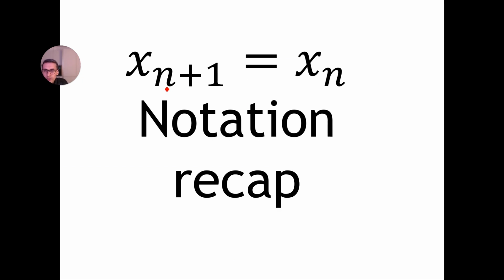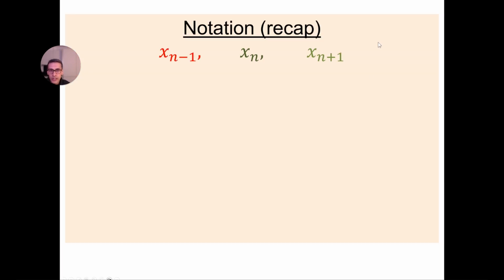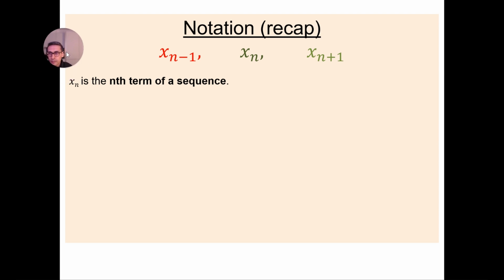So you may notice the subscript n plus 1 and then the subscript n. Well, let's look at some examples here. So you can show a sequence of numbers like this, where xn is your nth term of a sequence, xn plus 1 is going to be your n plus 1th term, or in other words your next term, the term after the nth term.